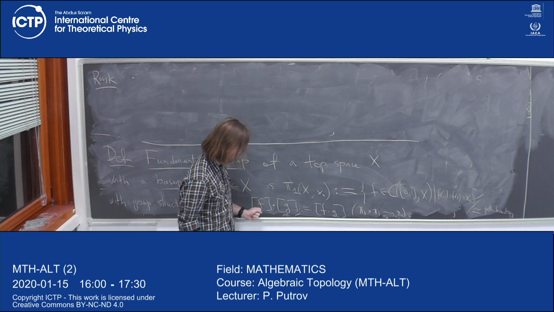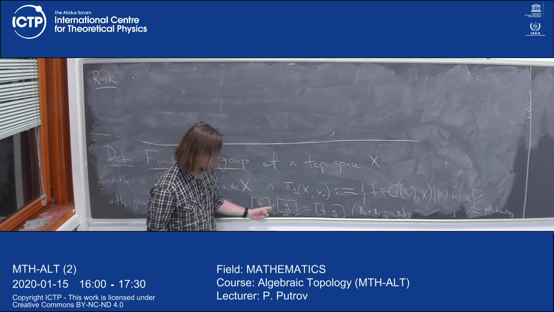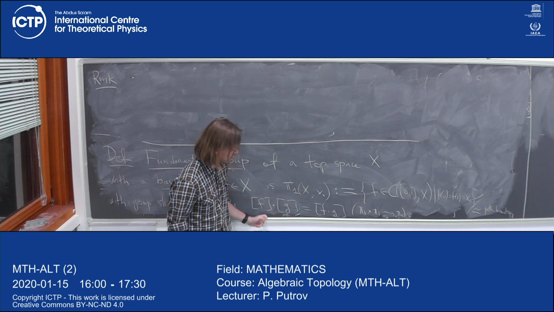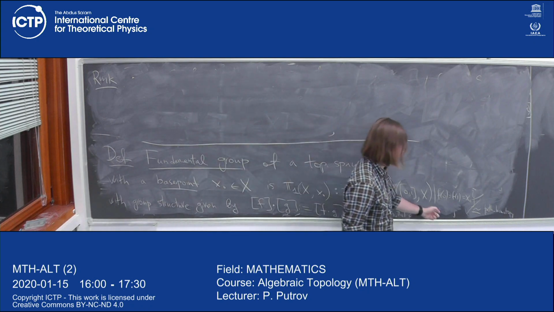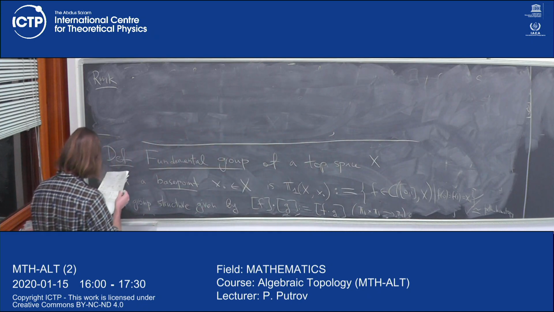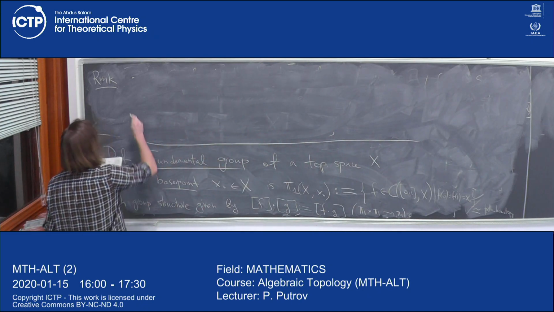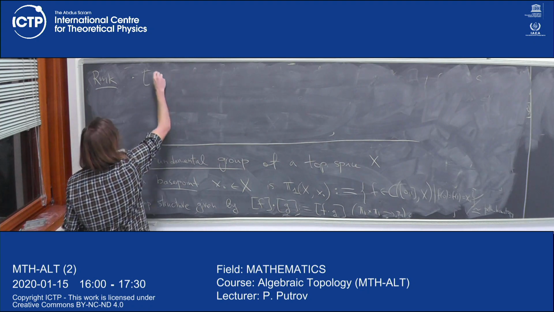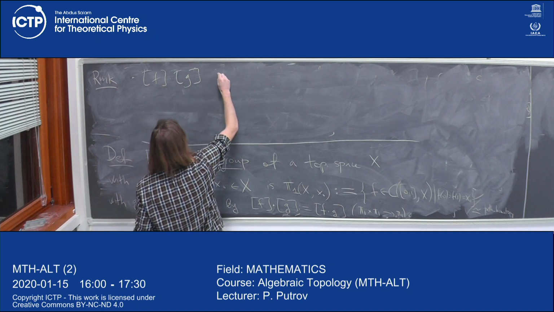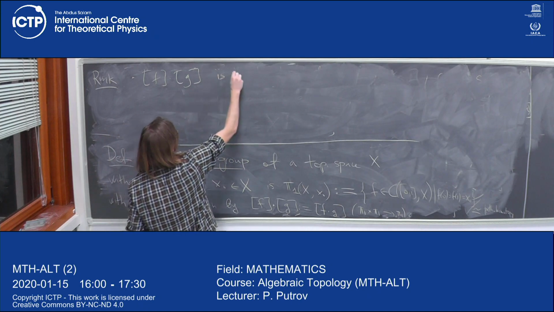Here we define the product by taking some particular representatives in my equivalence classes. We need to check that this is independent of the choice of representative. The product is well defined.